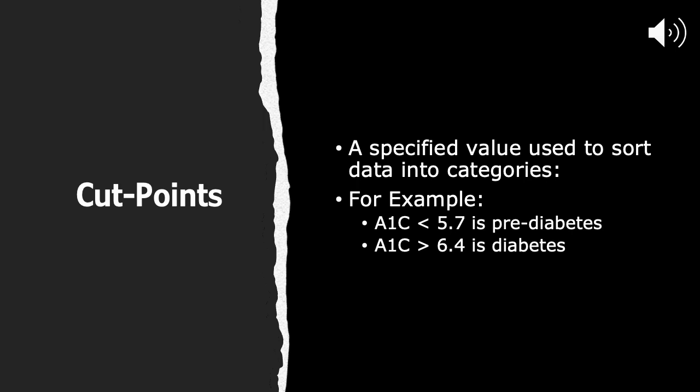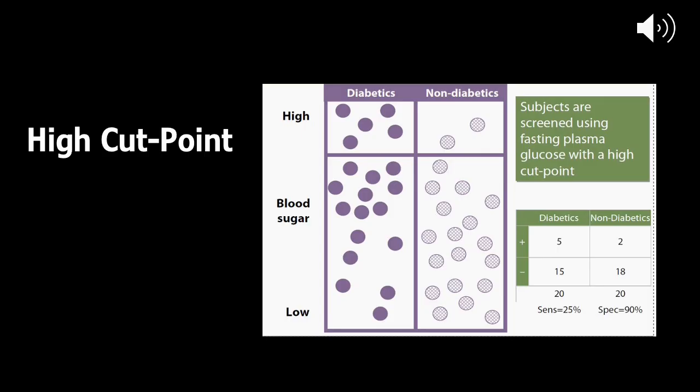So we've talked about cutoff points prior to this week. This is using a specified value to sort data into categories, meaning like who has it and who doesn't. For example, for diabetes, we say that an A1C less than 5.7 is normal, and an A1C greater than 6.4 is diabetes. So this is just a visual example of what having a high cutoff point would do.